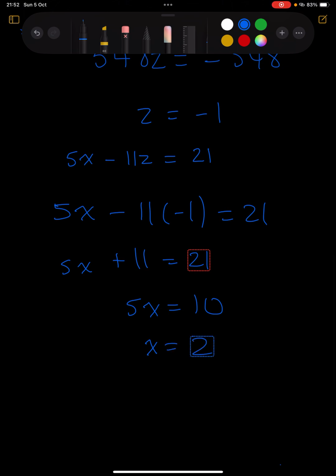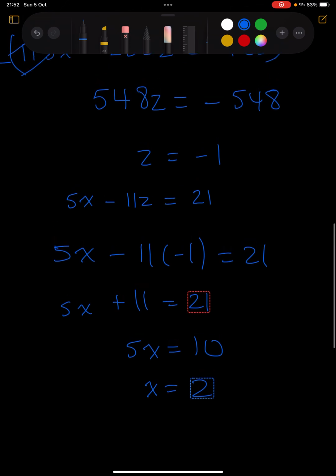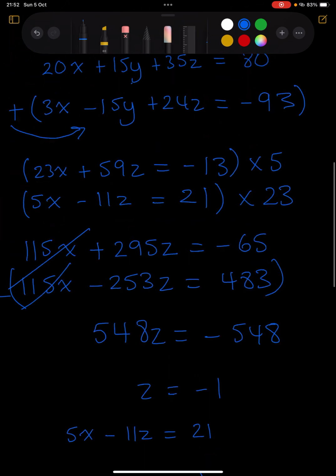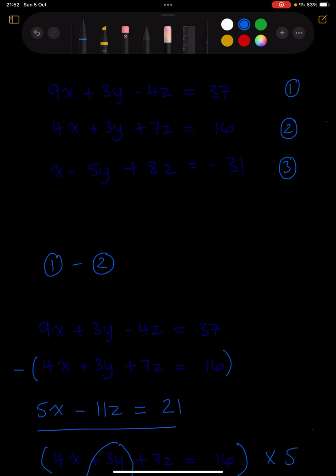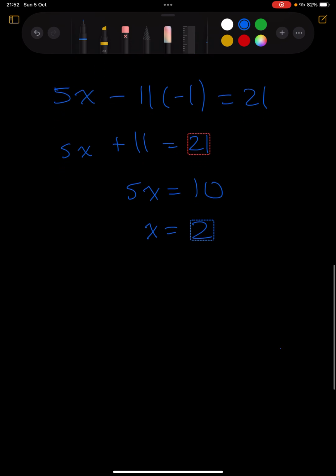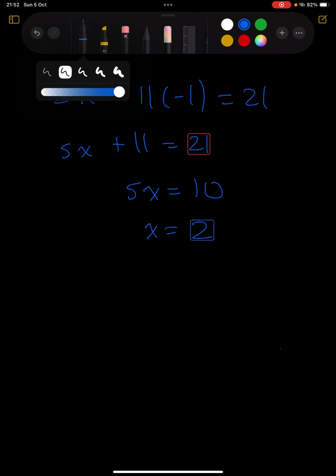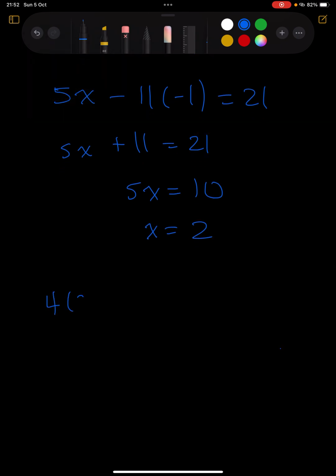And then again, we want to pick a nice simple one to substitute into. You might think the bottom one is the easiest one to substitute into, but again, I think actually the second one is the easiest one to substitute into, because it's positive numbers and not very big numbers. So this I'm getting from 4x plus 3y plus 7z is equal to 16, and I'm just going to substitute minus 1 and 2 into them.